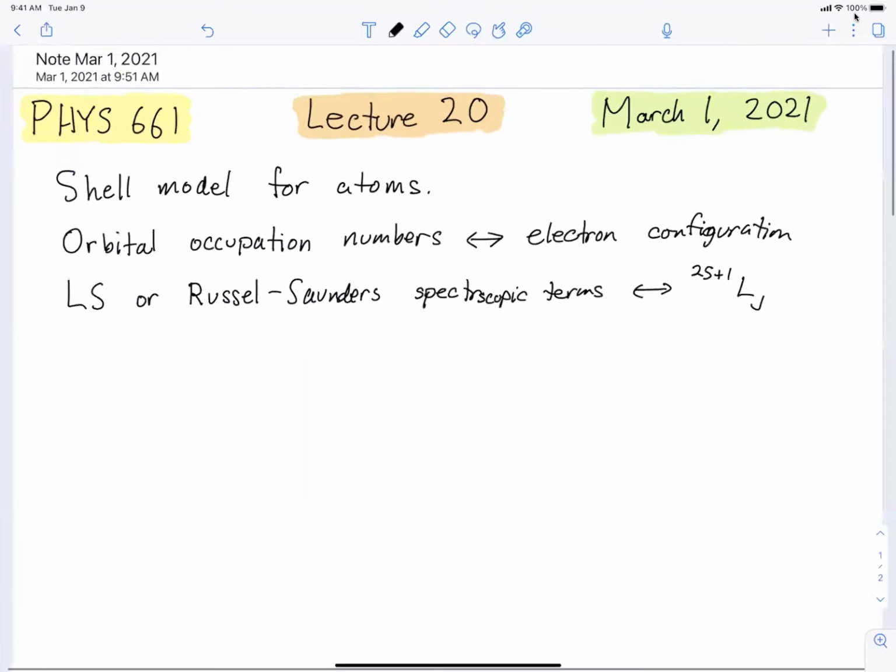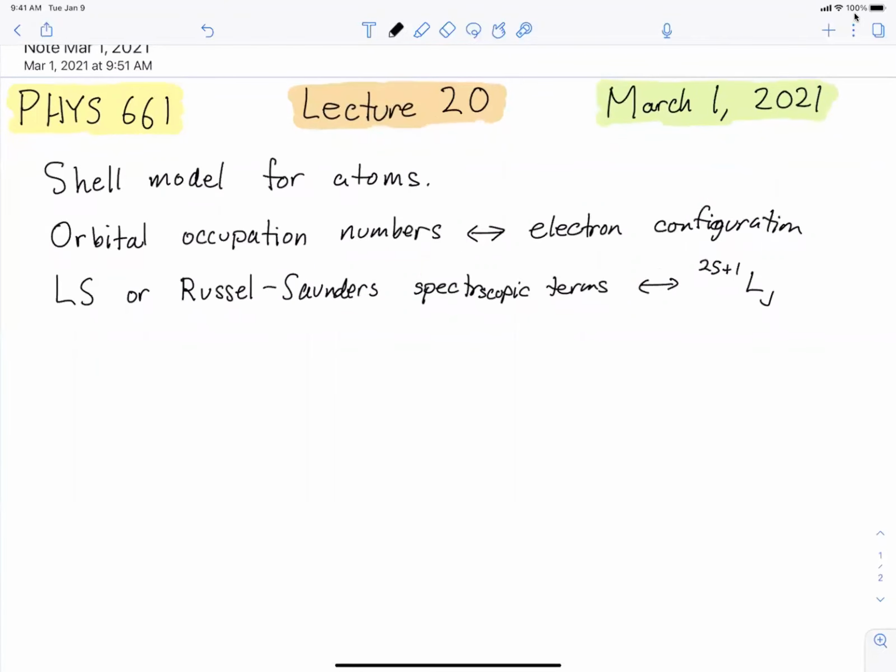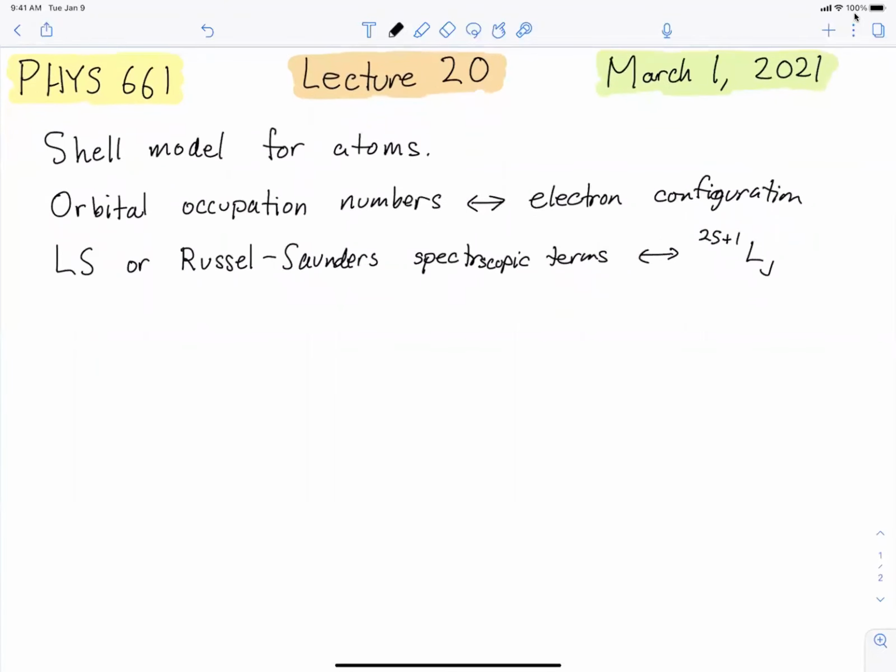So last time we did a couple of examples. I think we did helium, which we already knew the answer to, and we did boron. And so today we're going to do a bunch more examples, starting with an easy one, which is the noble or inert gases.